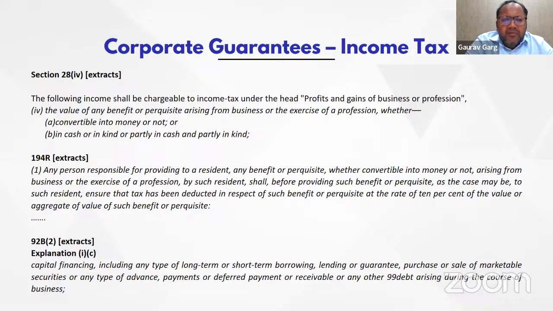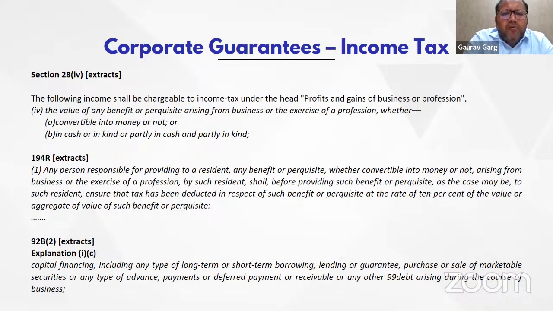If it is not happening within group companies, then in one form or another, the consideration flows. So it is not a benefit. Now, 28(4), interestingly, is applicable when there is a benefit or perquisite arising from a business. So it must be proved that there is a benefit which is arising because of the corporate guarantee.